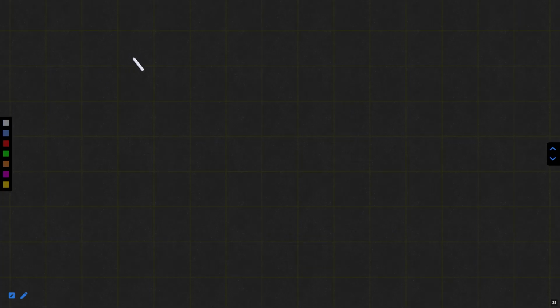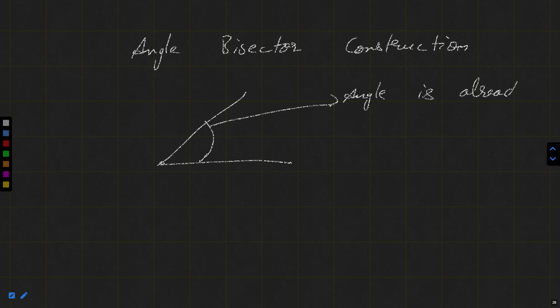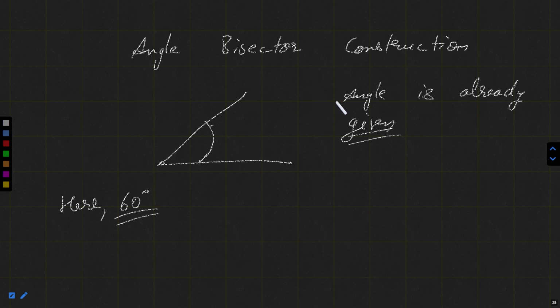Let me recall you the angle bisector construction. We are given an angle, so it is already given. Here, in our question, it is 60 degrees. So the angle is already given.